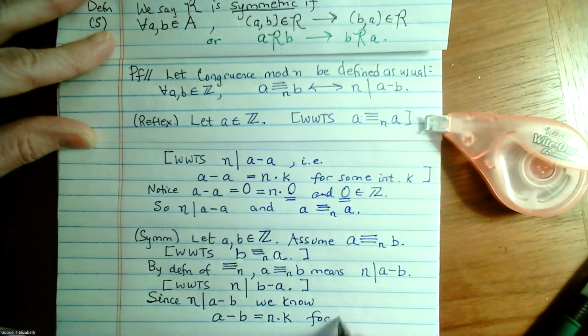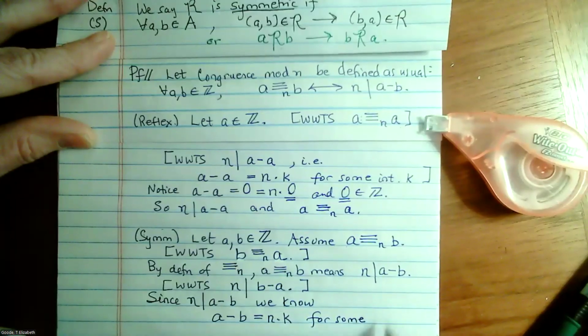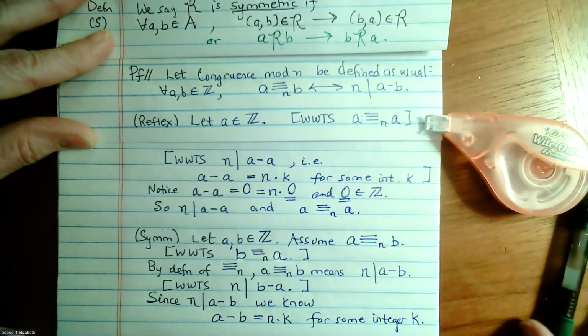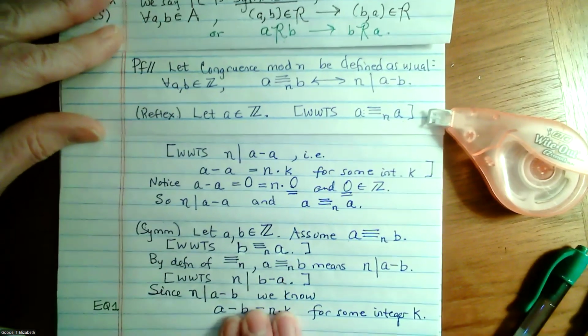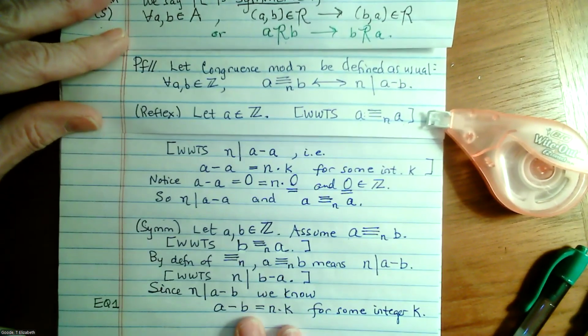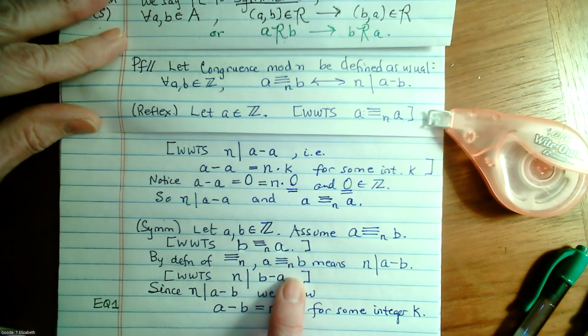For some integer k. That's what it means for n to divide a minus b. We're going to call this equation 1. This is what we have in our hand. What we're trying to do is show that n divides b minus a.